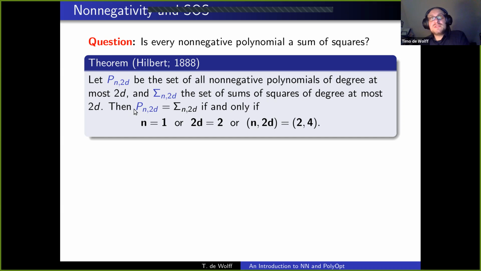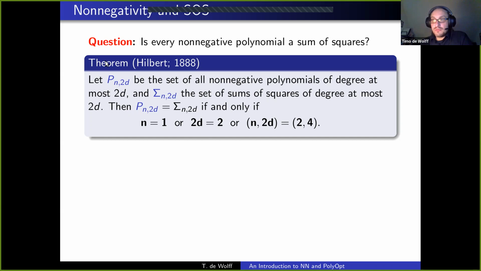And he proves that these two sets, in fact they are not just sets, they are convex cones in this vector space, are equal if and only if you are in one of three special cases. Namely, if you have univariate polynomials, or polynomials of degree 2, or this one special case, polynomials in two variables of degree 4. And in all other cases, there exist polynomials that are non-negative but not sums of squares.